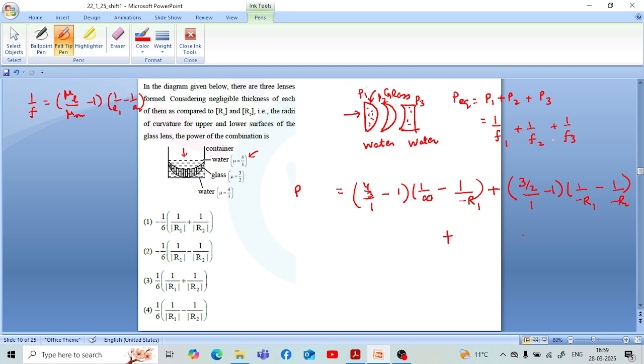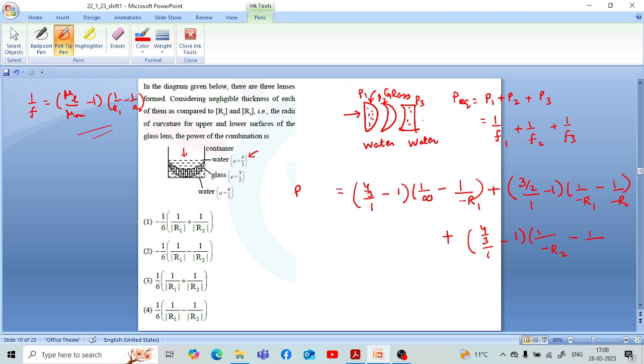Then plus 1 upon F3, which is the formula for the water lens. So 1 upon F3 is equal to mu L, which is 4 upon 3 upon 1, minus 1, times 1 upon the radius of curvature of the inner side of this water lens, which is R2, and again the direction is opposite to the direction of incident light, so minus R2.